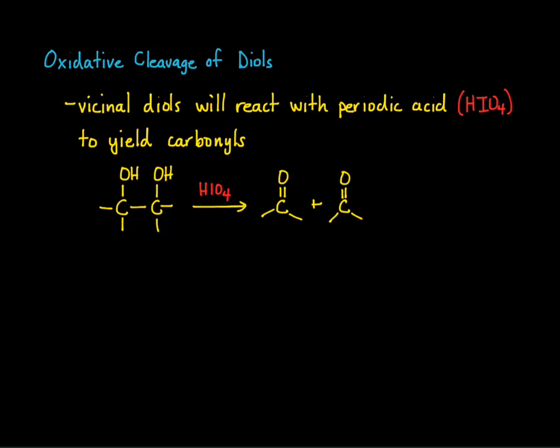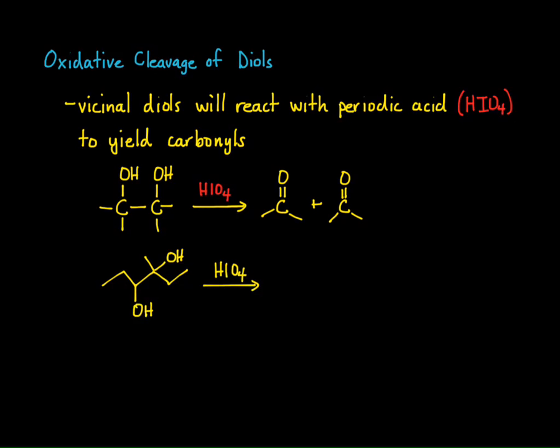So what's going on in this process? The carbon-carbon bond is cleaved, and each of the carbon-oxygen bonds are converted to carbonyl compounds. So here I have this vicinal diol. Notice if I cleave the carbon-carbon bond, the carbon on the left has a hydrogen coming off of it, and I'm going to get an aldehyde.